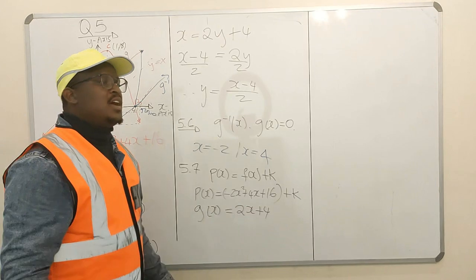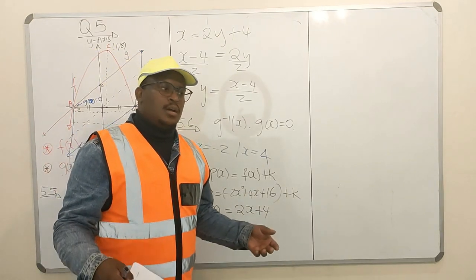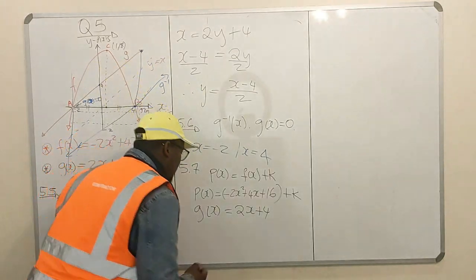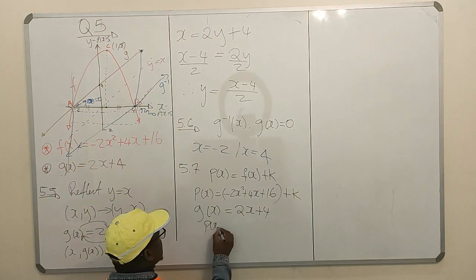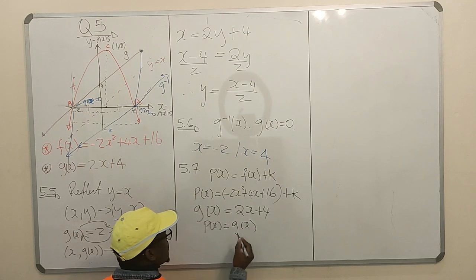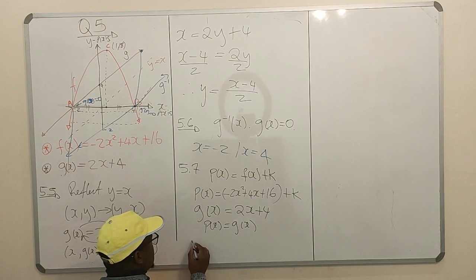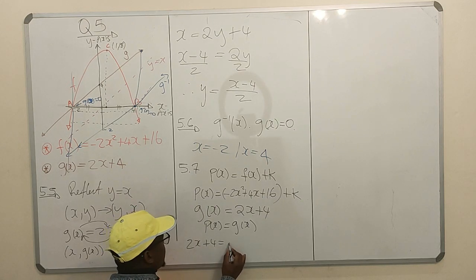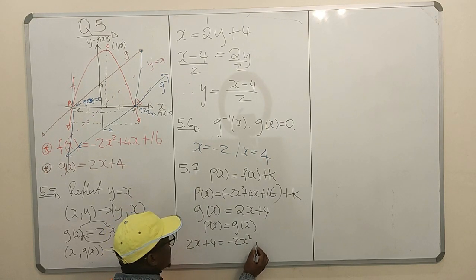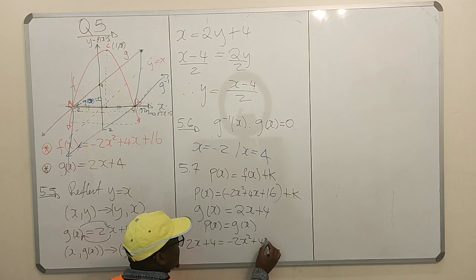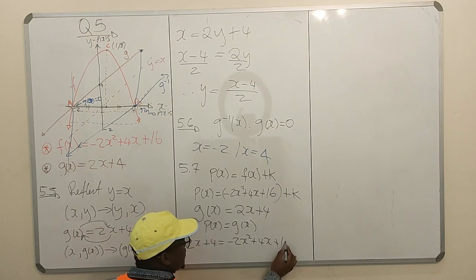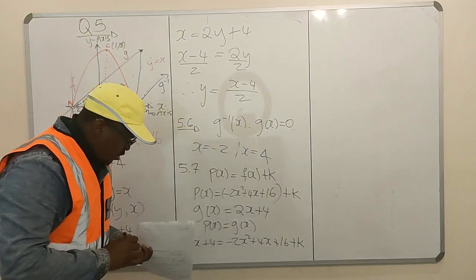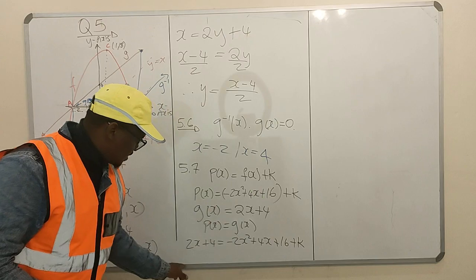Let's say we want to find out where they meet. We say p of x is equal to g of x, which means 2x plus 4 is equal to minus 2x squared plus 4x plus 16 plus k. Let's transpose these to the other side.